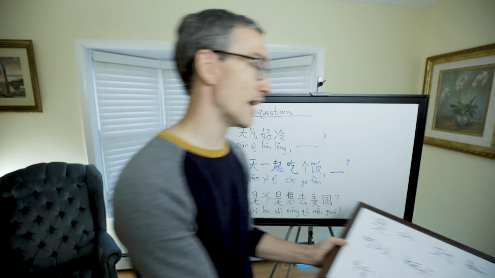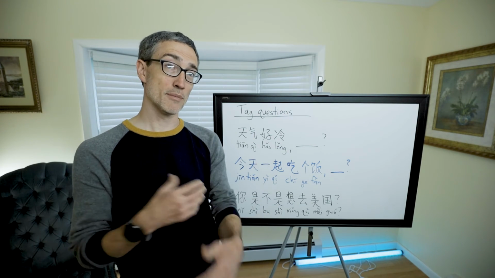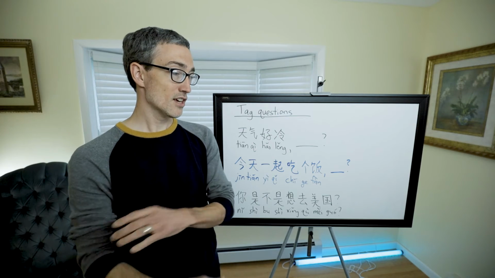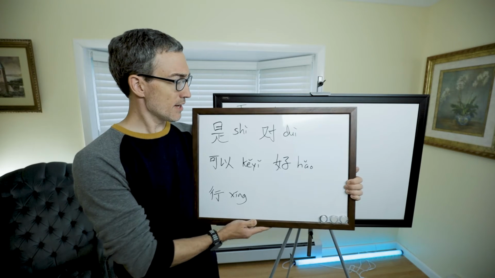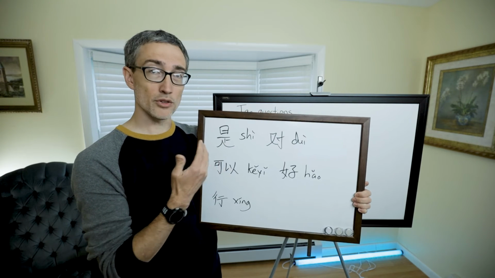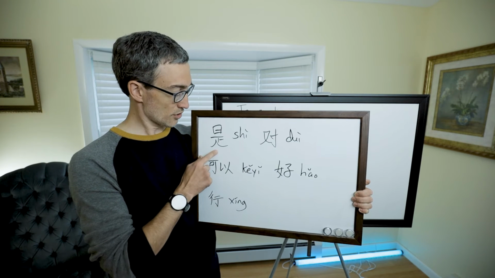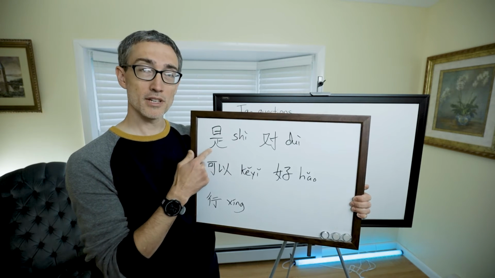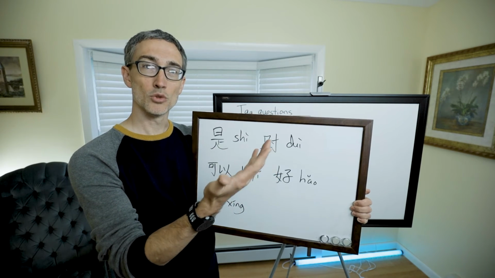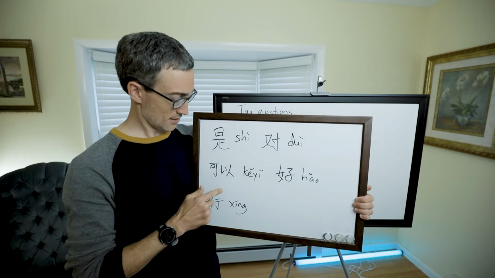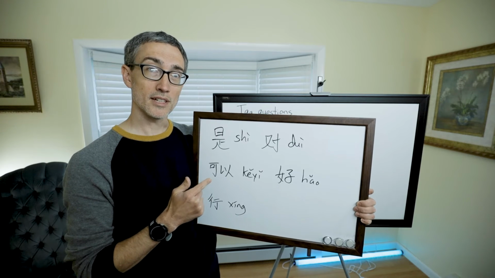And then the next thing to point out is that there are two kinds of tag questions. Fortunately, we just learned about affirmative negative yes and no questions. So you can take any of these and make them into either a ma tag question or an affirmative negative tag question. So this can be 是吗? It can also be 是不是? This can be 对吗? Or it can be 对不对? Right. You got it. It can be 可以吗? Or it can be 可以不可以?